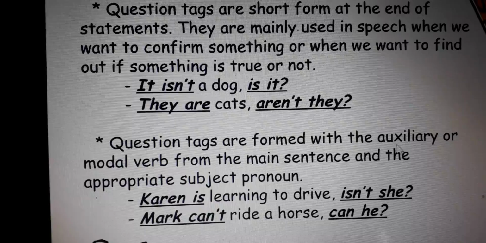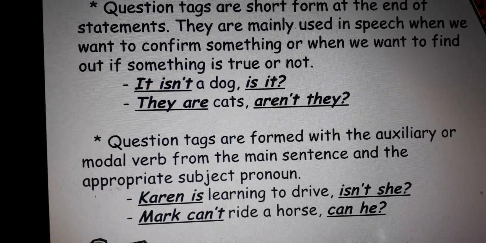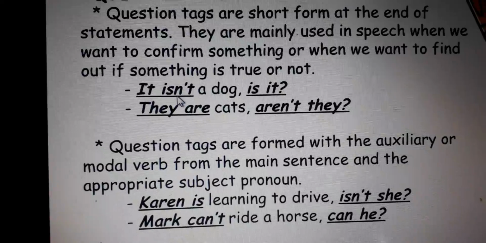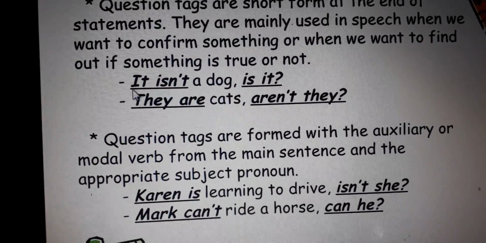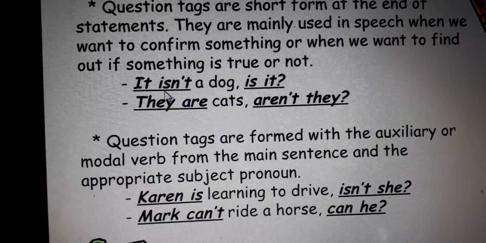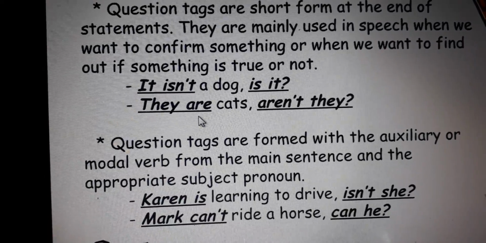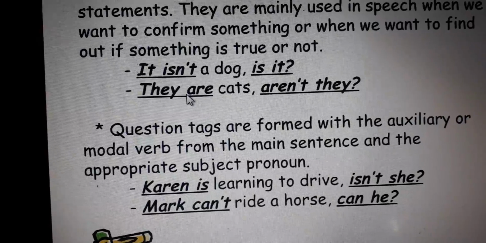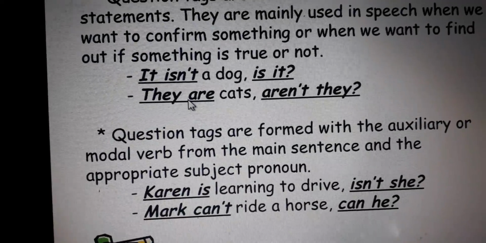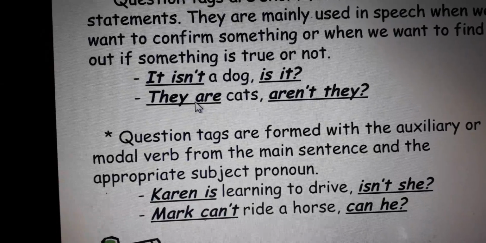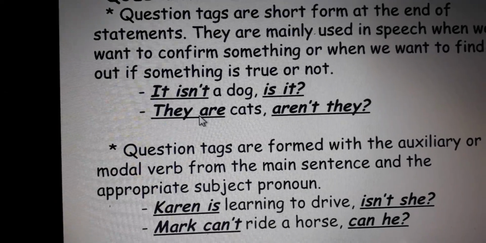These are formed with the auxiliary or modal verb. Auxiliary means helping verb, right? So here, it is not a dog, they are cats. Here the helping verbs are is and are, right? Like the interrogative sentences we discussed earlier, positive and negative sentences also we discussed earlier.